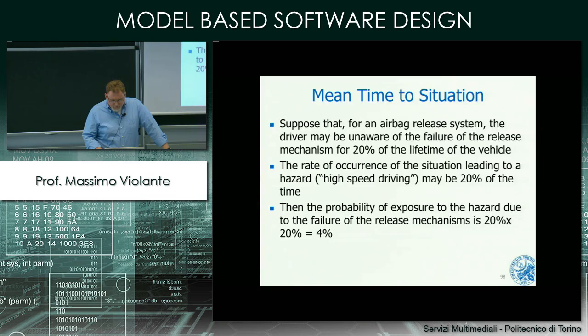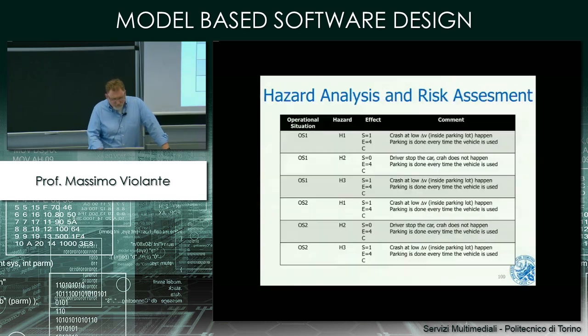This we can skip. So for what we have seen, we can say that for our operational situations, the exposure is very high. We are driving out of a parking lot. This is happening each time we drive the car. When we drive the car, we reach somewhere, we park it. And then we have to exit the parking lot.